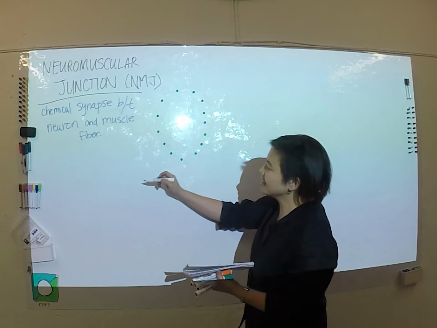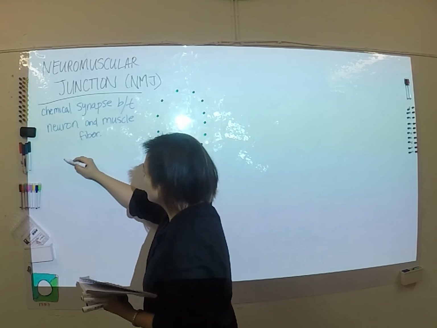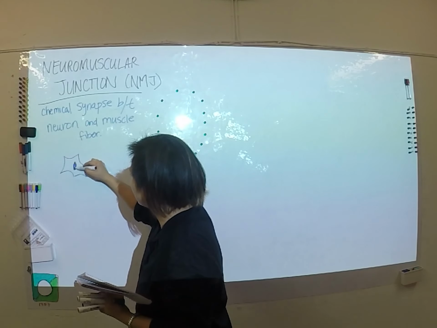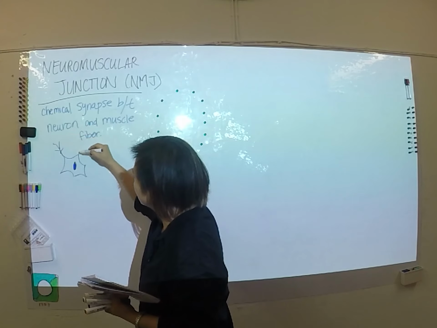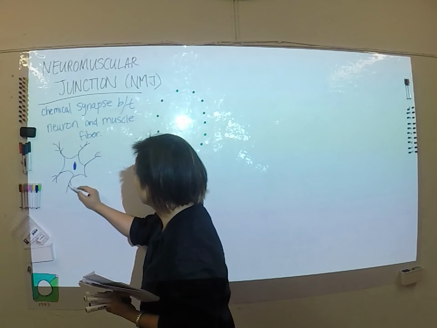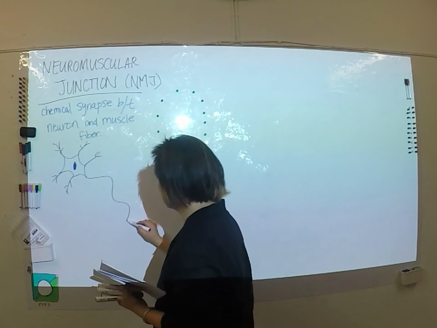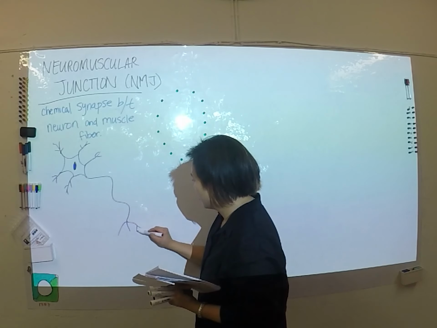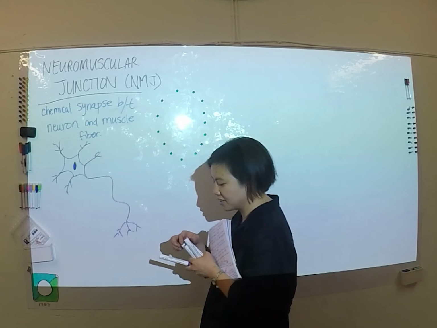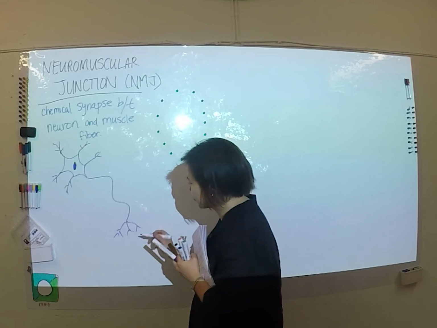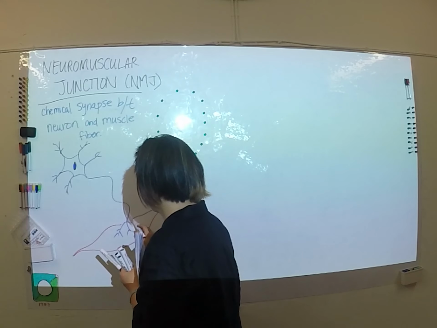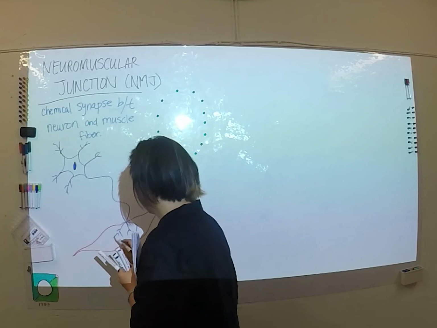Let's say that we've got our multipolar motor cell, and its axon is going to terminate right next to a muscle fiber, okay?